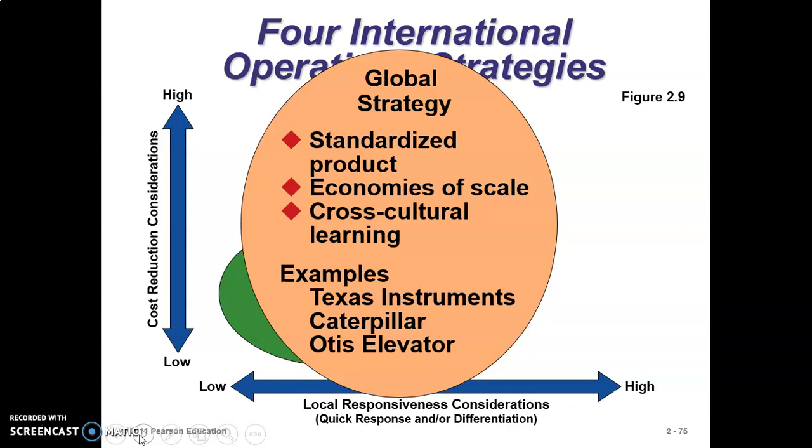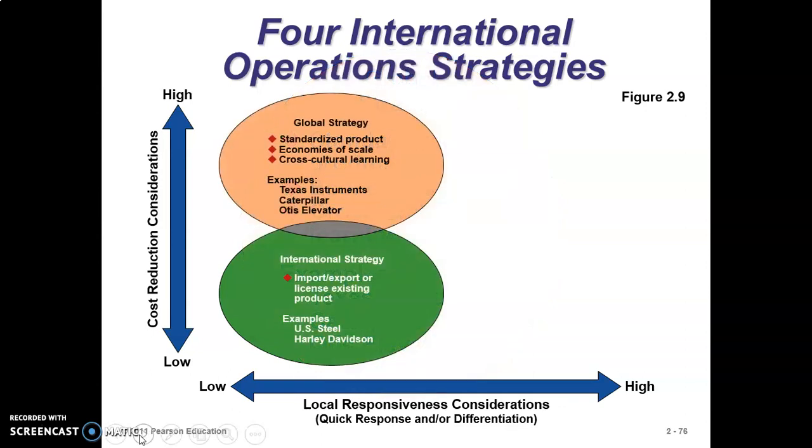Okay, examples here are Texas Instruments and Caterpillar. Caterpillar makes excavators and bulldozers. At what stage do they have local consideration? They are not considering local consideration too much, but their cost consideration is very high.